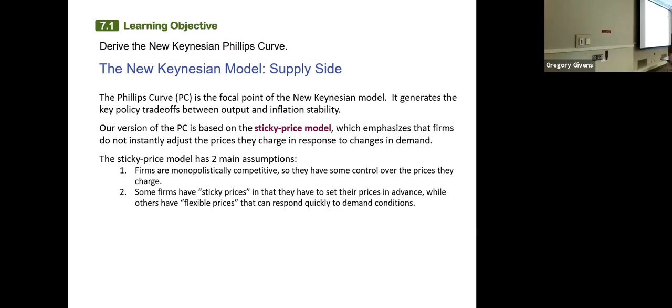All right, those are our so-called sticky price firms. The other firms in the economy will assume just have perfectly flexible prices. So the name of the model is actually a bit of a misnomer. It's a sticky price model, but there are also flexible price firms in the model and sticky price firms, both types.